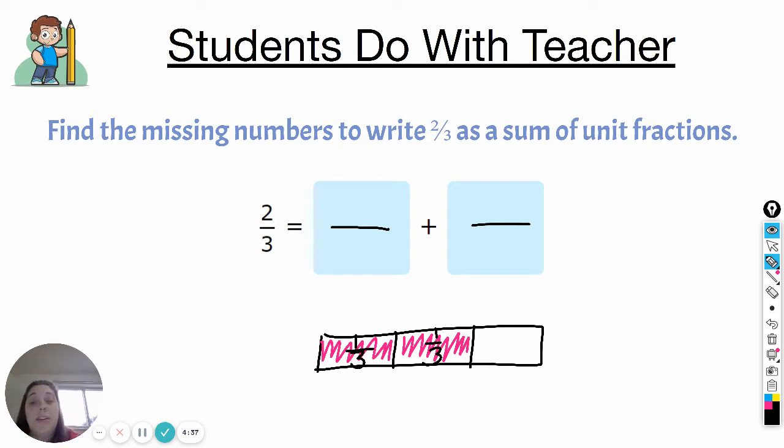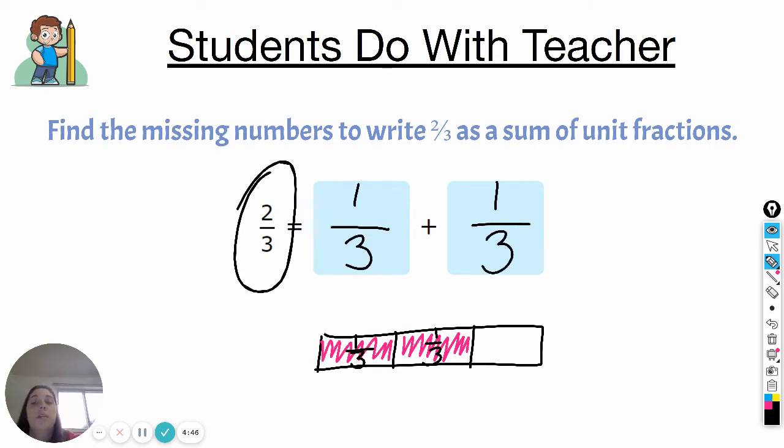Well, we're adding together thirds, and we need 2 of them to get to 2/3, so you should have written 1/3 plus 1/3, and that will equal our 2/3.